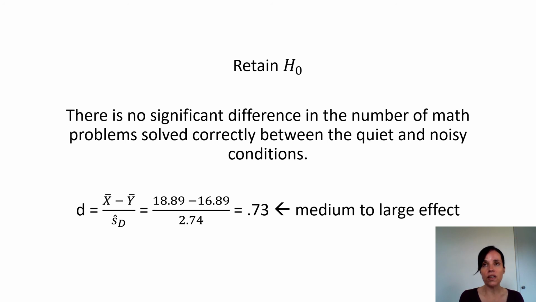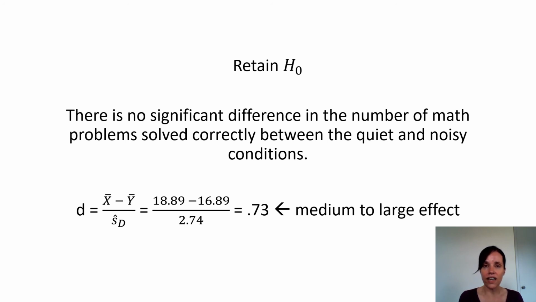When we put the statistical significance together with the effect size, it does suggest that the reason we retained the null hypothesis is that the sample size was small. We only studied 9 students. Hopefully you remember from chapter 9 that if you increase the sample size, you're more likely to reject the null hypothesis and get a statistically significant result.